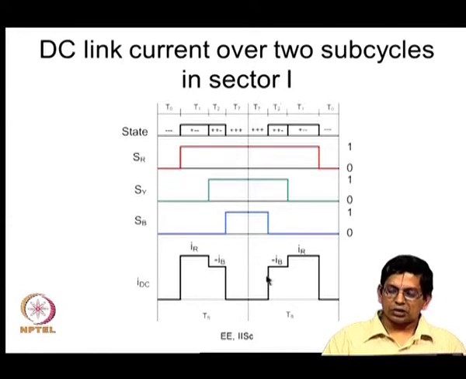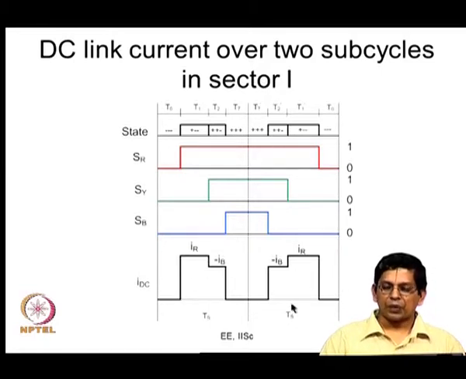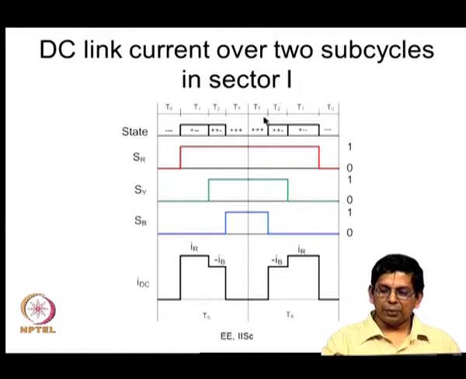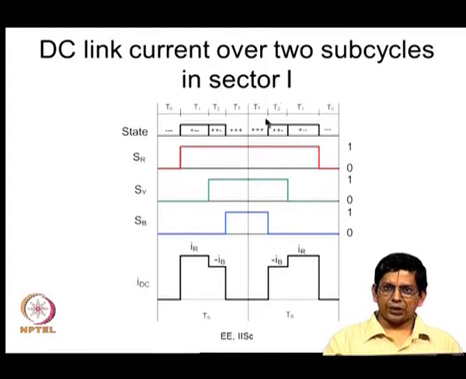What is the difference between this subcycle and that subcycle? Obviously, the state sequence is reversed, it is 0, 1, 2, 7, and then 7, 2, 1, 0. Other than that, you can see that the time intervals have slightly changed, because the reference voltage vector has slightly changed. Under steady state condition, the magnitude of the reference vector will not change, but the angle will change by an angle equal to omega Ts, where omega is your fundamental frequency and Ts is the subcycle time.